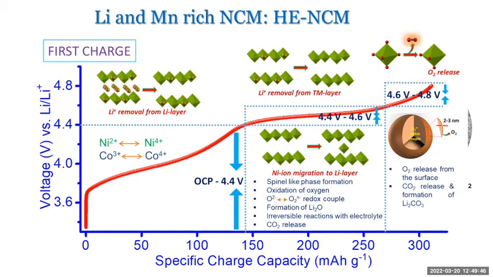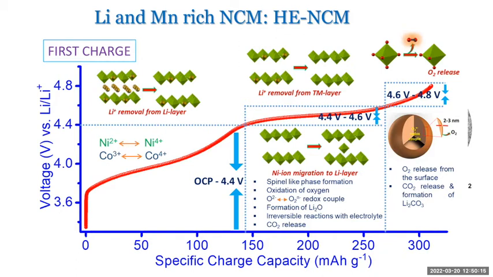And when we go higher in voltage, some parasitic reactions take place. Not only is lithium going out, but also nickel might migrate and take the position of lithium, creating more rock salt phases, therefore killing the battery. Because when I then want to inject lithium back, it will be clogged. It cannot go in. Another thing that takes place at higher voltages is that oxygen is released from the oxide itself.